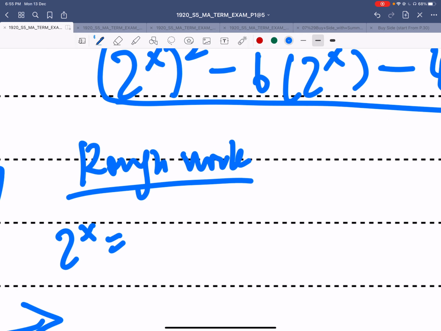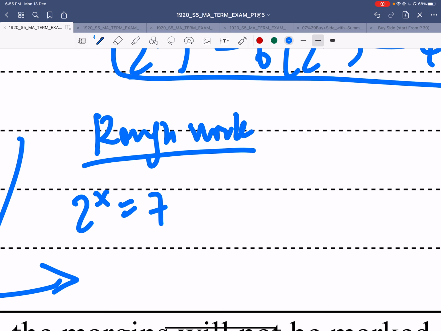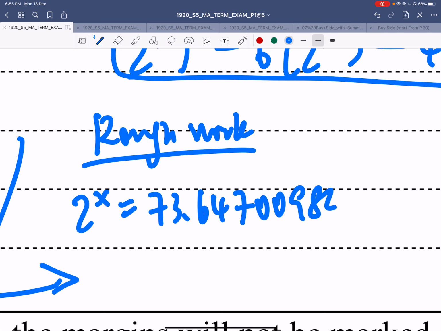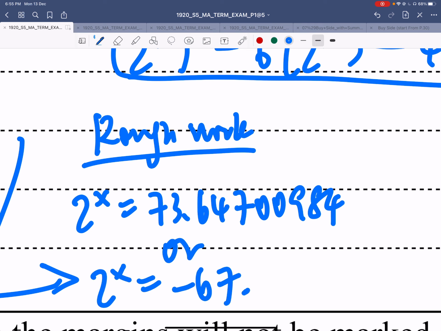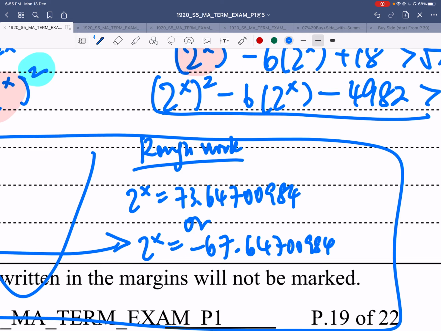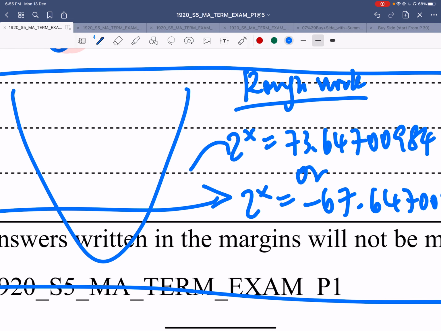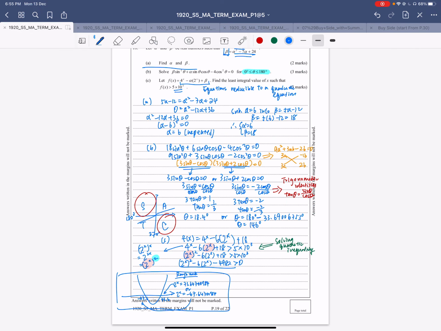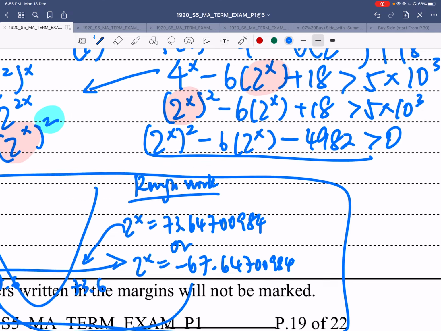So you can obtain that 2 to the power of x can be equal to 73.64700984, or 2 to the power of x equals negative 67.6 and so on. This is rough work, and then you can plug it here. So this is 73.6, this is negative 67.6. All right, so larger than 0, right?